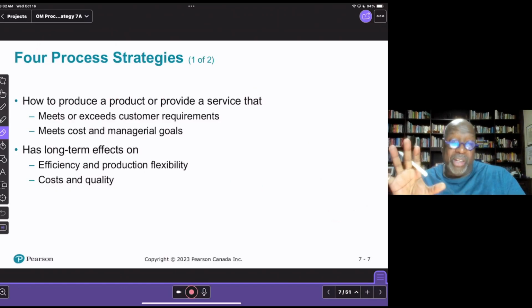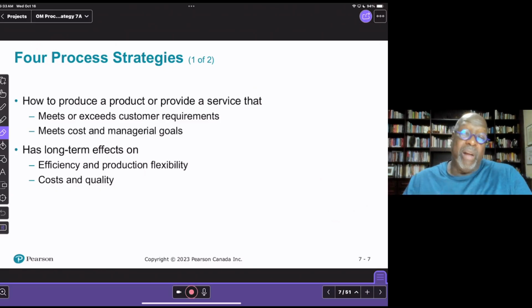So, process strategies, we're going to talk about that. Essentially it helps us to answer the questions about how to produce a product or provide a service that meets or exceeds our customer requirements. It meets our costs and managerial goals. And the managerial goals may have something to do with being competitive. So if you want to be cost competitive, if you want to compete on flexibility, if you want to compete on speed, if you want to compete on variety, then your operation system has to assist you with that.